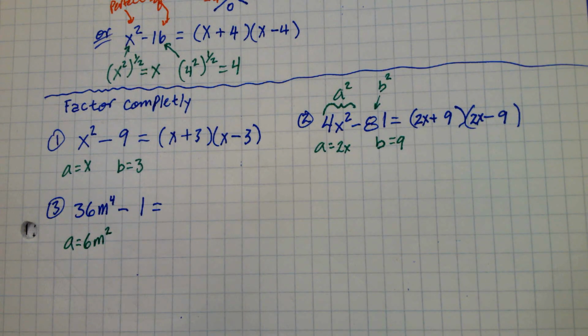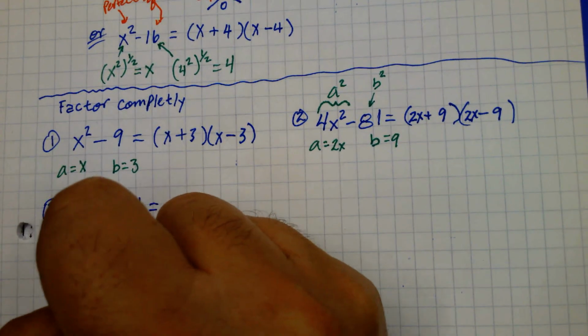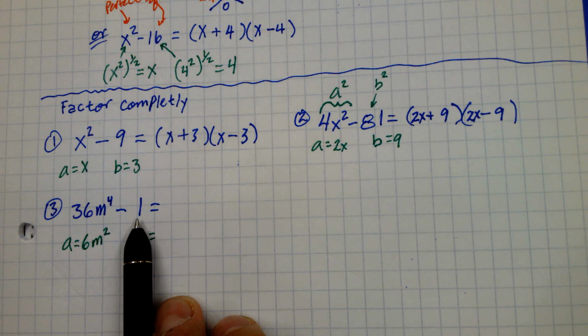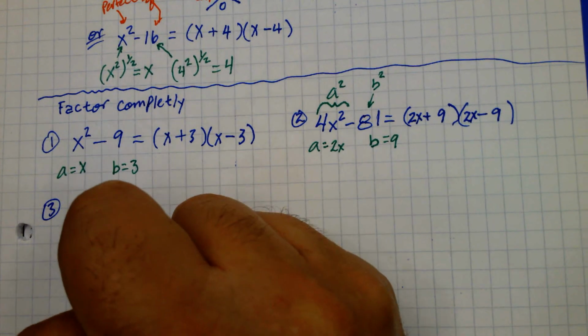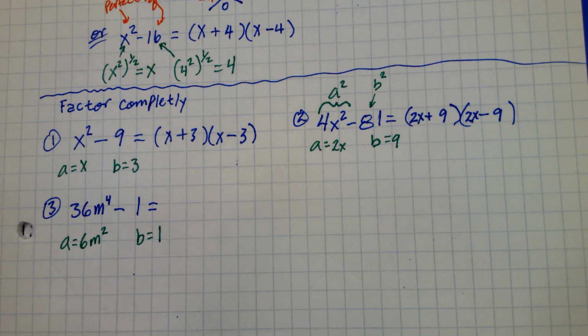Any questions? Okay. Let's figure out what b is. If I square root 1, I get 1, and 1 times 1 is 1. So that's kind of the unique one, right? It's its own square root.